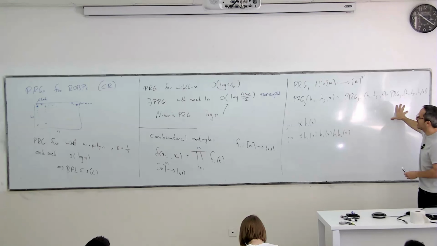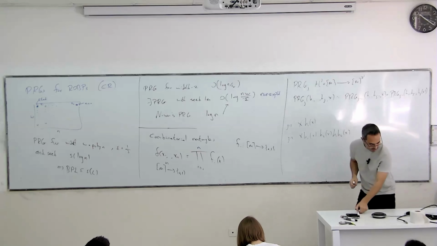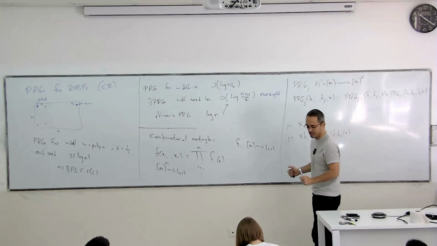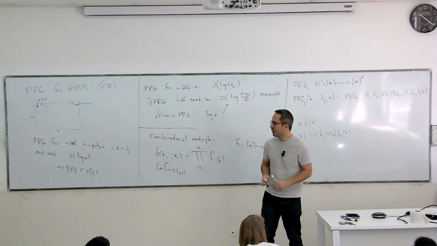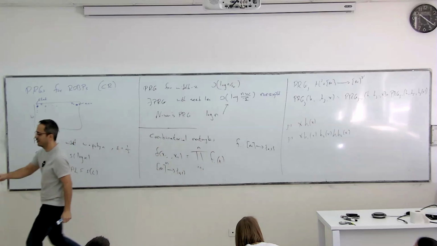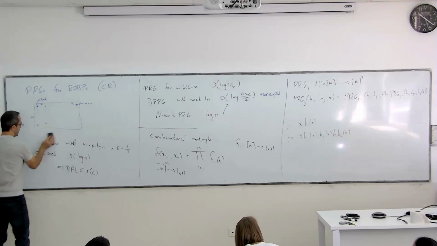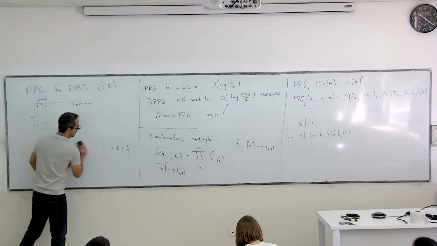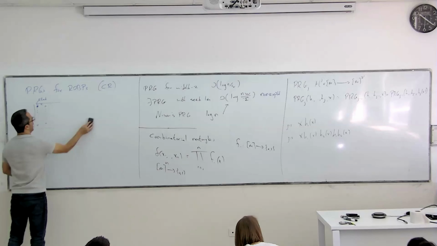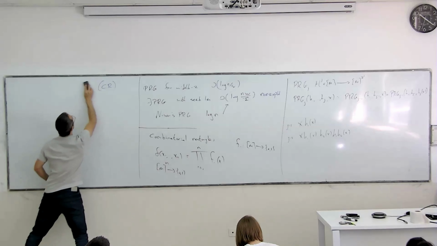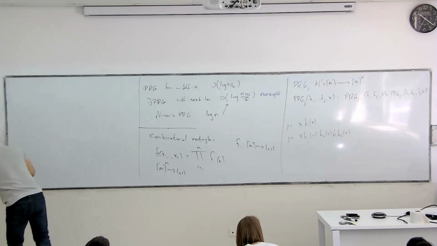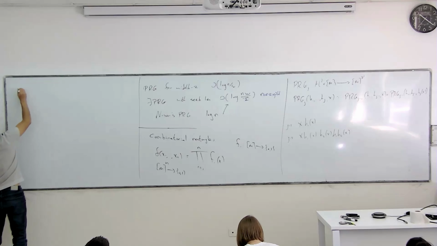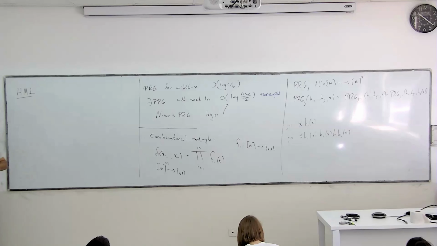And to start analyzing that, where is the eraser? It's hidden behind. We talked about the hash mixing lemma. This is more or less where we stopped. So the hash mixing lemma, which is the analog to the expander mixing lemma, which is also a bit analog to the small bias set mixing lemma.